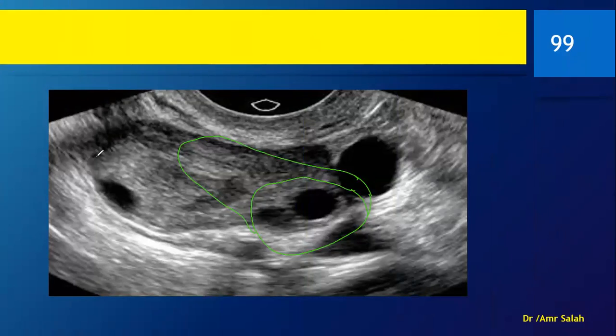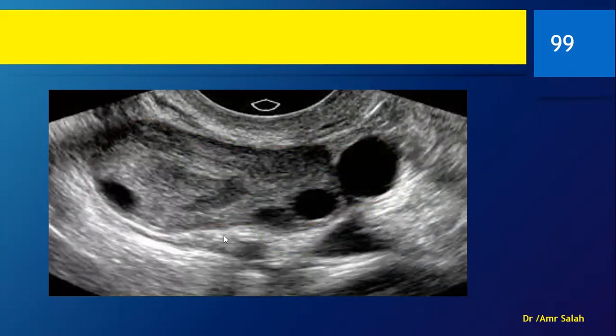Let's remove this and look at this lesion. This is the cyst. Now, where is the ovary? Voila, there's the ovary. Trace it as such. The ovary is beside the cyst, and there is an angle of demarcation in between. So this is a para-ovarian cyst or paratubal cyst.